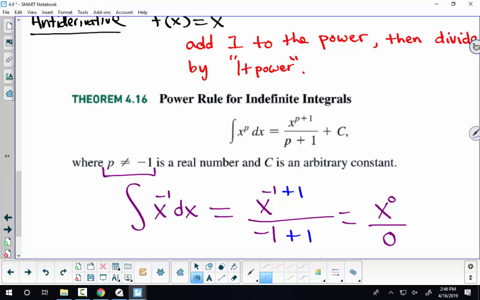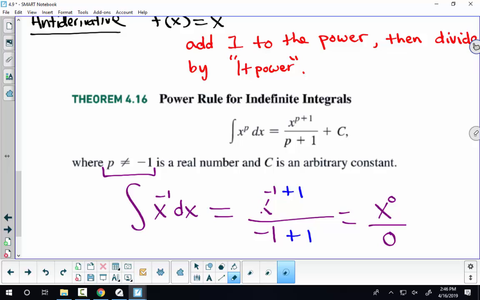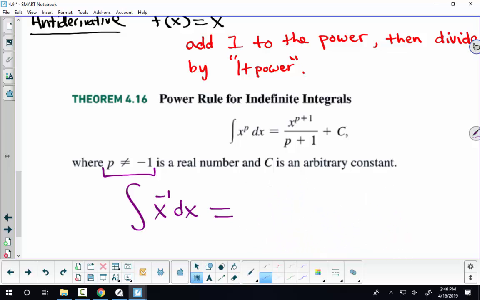So now you're dividing by 0, so it's not a legitimate thing to do.